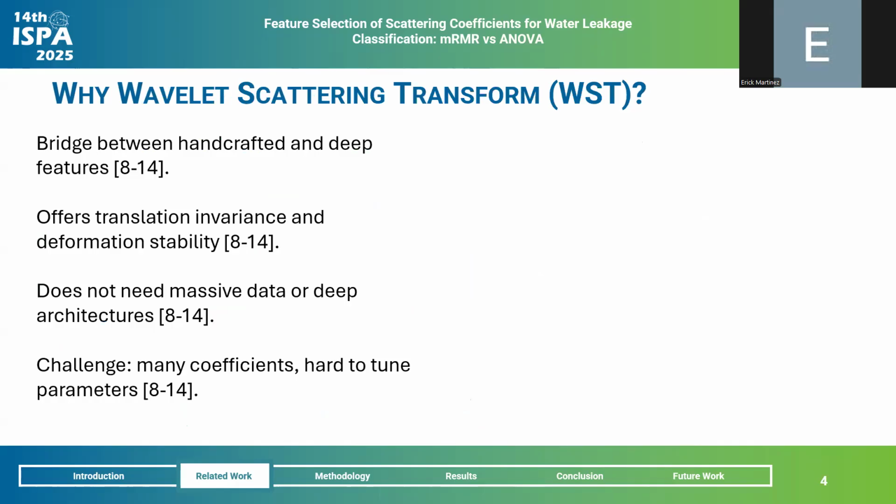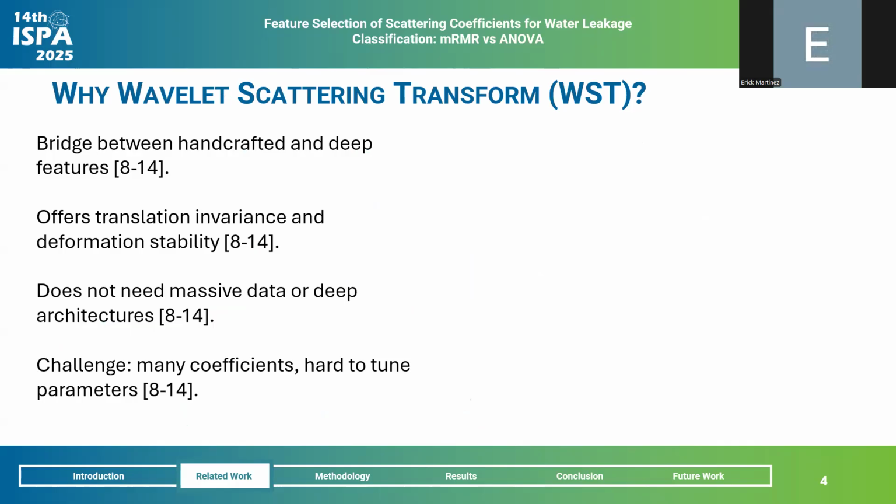So one of the main strategies used in this study was a technique called the wavelet scattering transform. The wavelet scattering transform basically helps us to automatically extract features from time series data by using this algorithm.